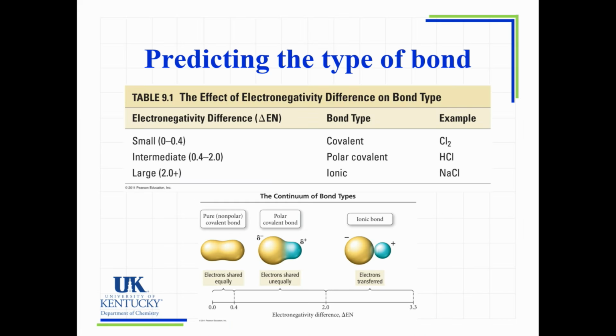Now, once we have that information, we can do something with it. We have to know the cutoffs. We look at the two atoms in the bond and come up with what we call an electronegativity difference, comparing their numbers. If that difference is very small, we say that is a covalent bond.